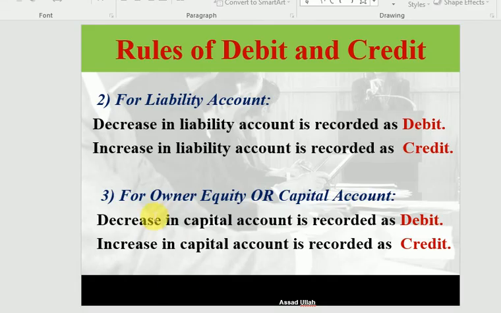So now look here, when capital is decreased, a decrease in capital is recorded on the debit side.